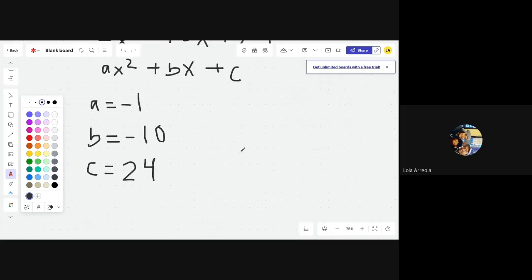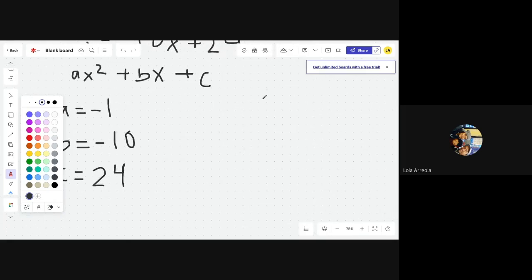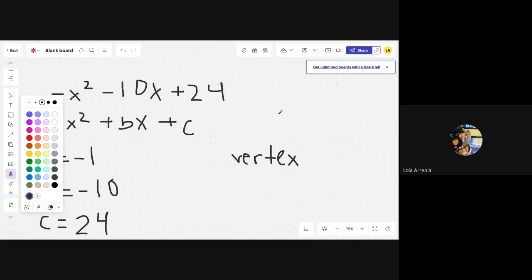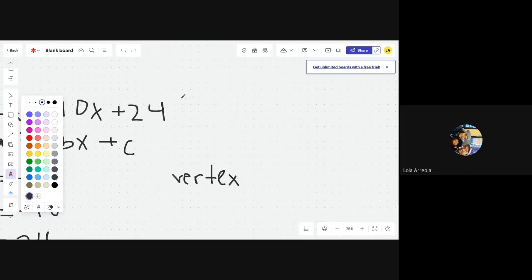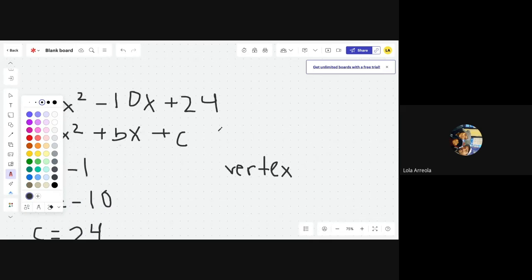Okay? Now, to solve for my vertex, what am I solving for? I want to know what the vertex is. Again, the vertex is just either the peak or the valley, the highest point or the lowest point. I have a quadratic equation, right?